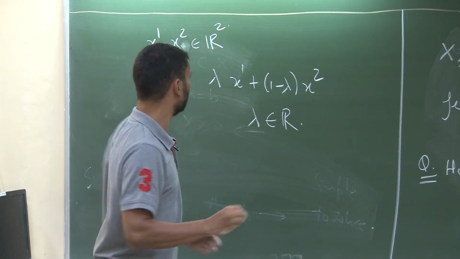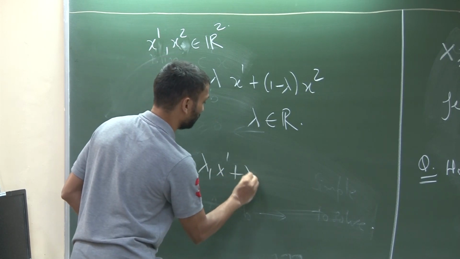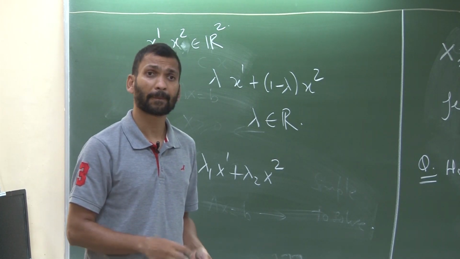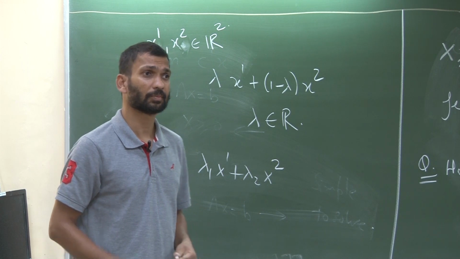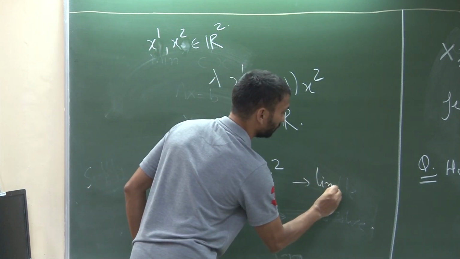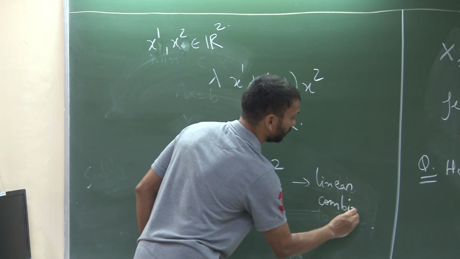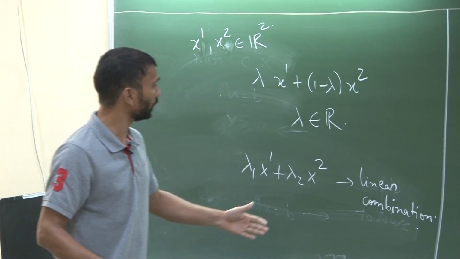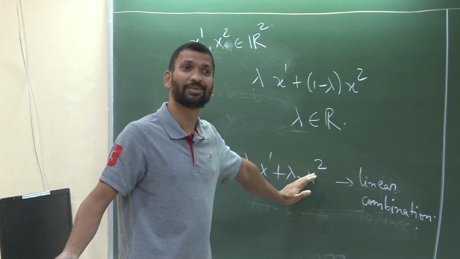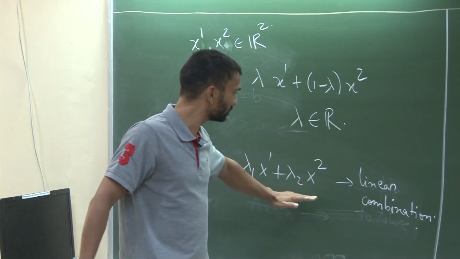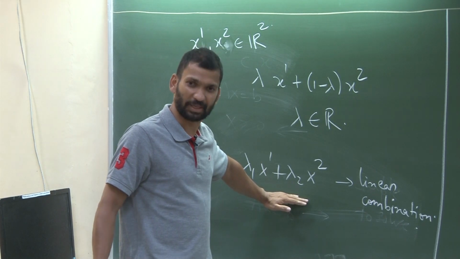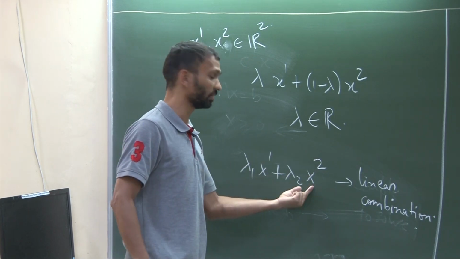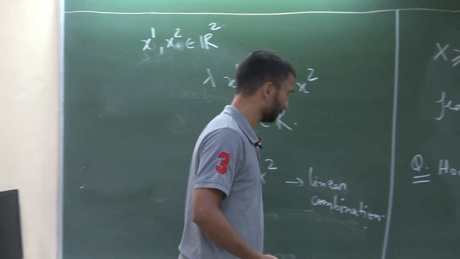Correct? What is this? This is a linear combination, right? And then in 2 dimensions, what is the shape? Plane, mostly a plane, right? Except some trivial cases when these are linearly dependent, right? Good.